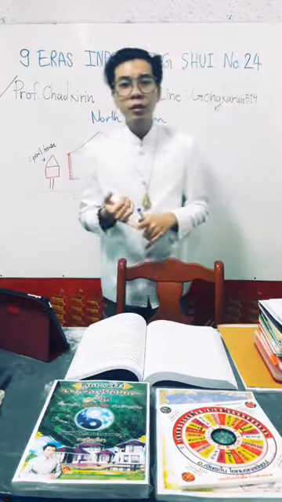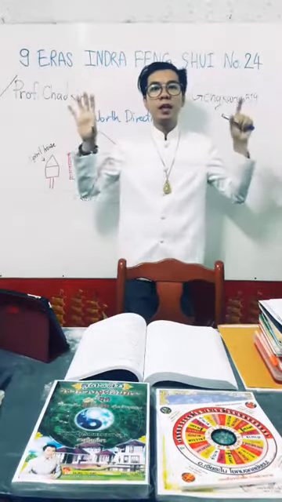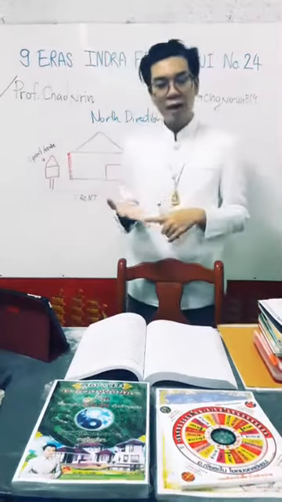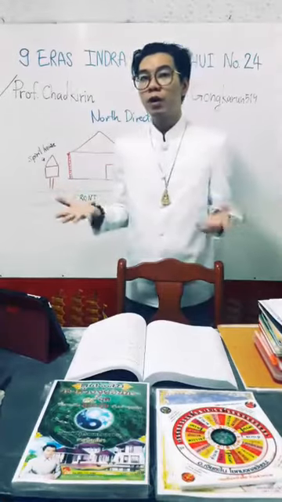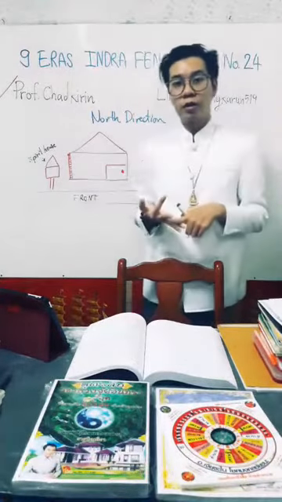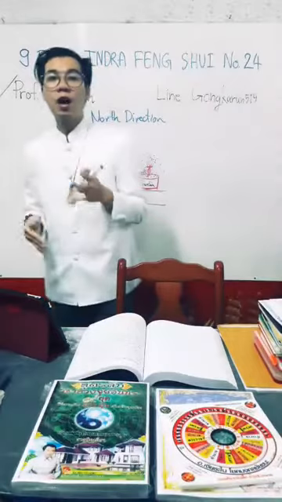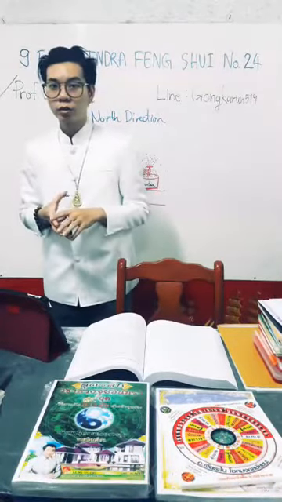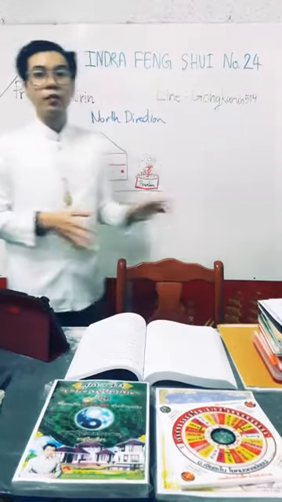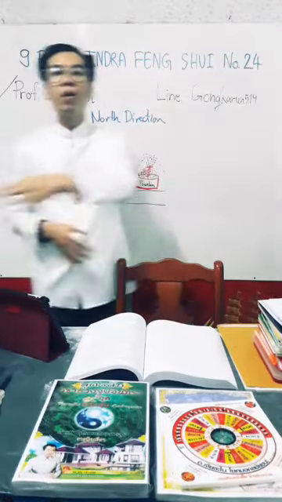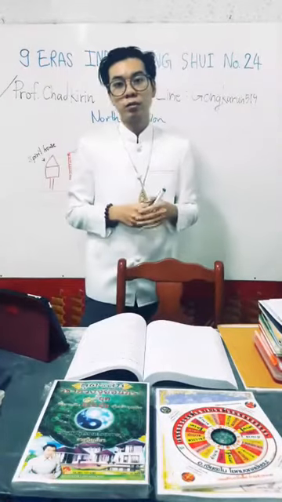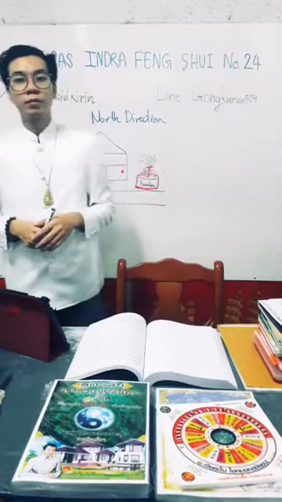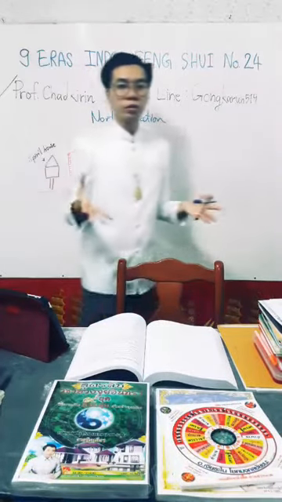Because it's the destructive element between water and fire. Water will destroy the fire. So for the south part of the house, we have to avoid using the water element as decoration, especially for the fortune. We have to bring it all around your residence, but you have to learn and try it by yourself. So how to manage the point?